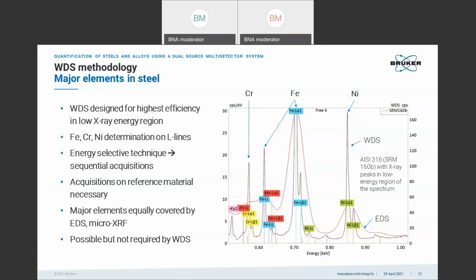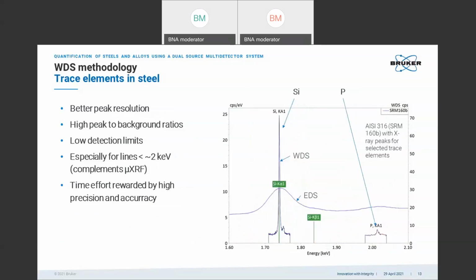So it's not worth measuring it with WDS, since WDS is energy selective and we have to acquire a reference material also. So that means a lot of time. So we concentrate more on the trace elements. That's the real challenge. And that's the strength also of WDS. WDS has a high peak resolution, higher peak resolution than EDS, and shows high peak to background ratios for the characteristic X-ray lines.